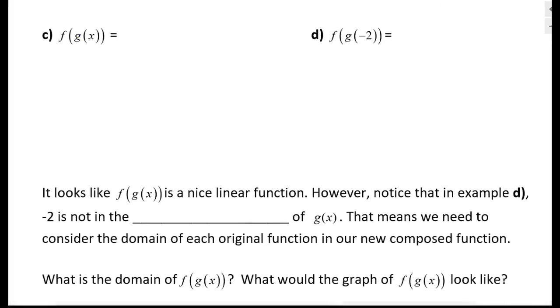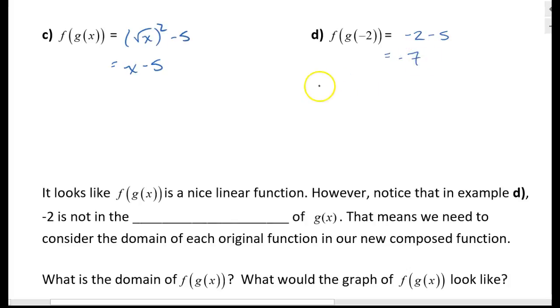Continuing. In general, I could write f of g of x as the square root of x squared minus 5, or x minus 5. If I go directly to the simplified version, I just get negative 2 minus 5, which is negative 7.